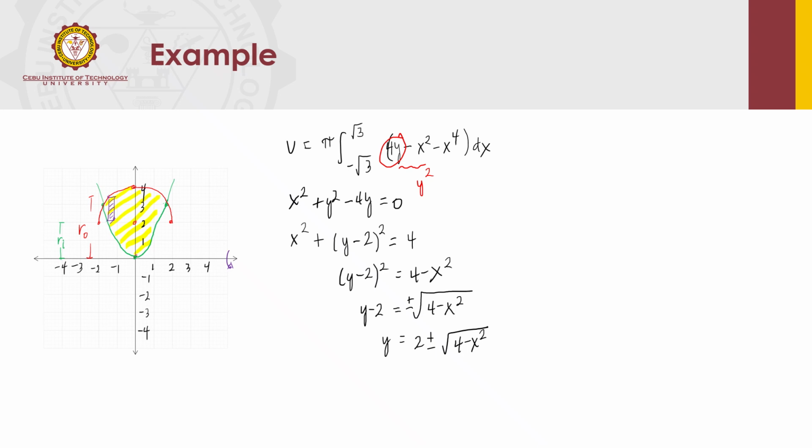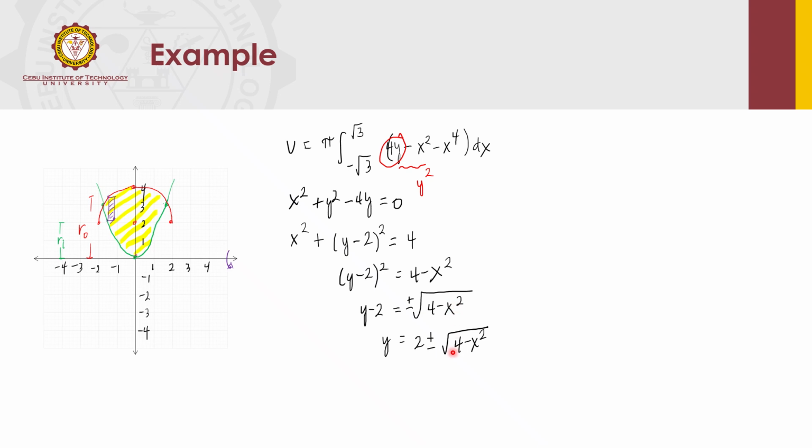Since this is a circle, there are values that are above here and below. The upper semicircle has more positive y values compared to the points on the lower semicircle.